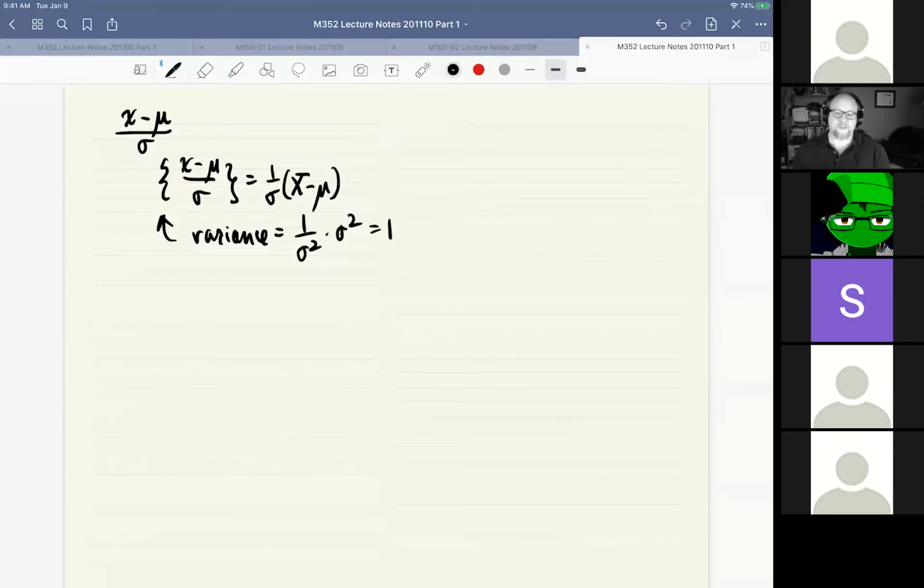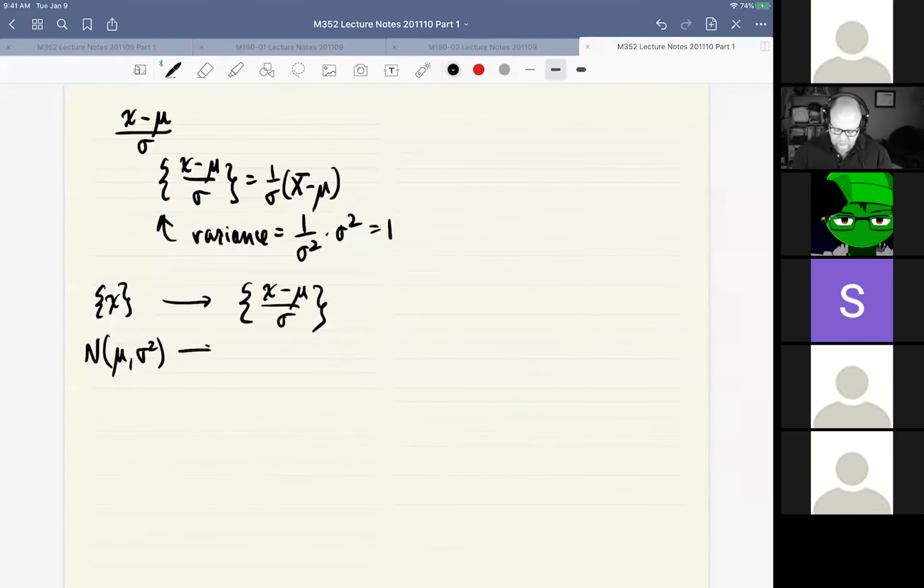So this set has variance 1. These two transformations, taking my set of x's to the set of x minus mu over sigma, transform a set of data that had mean mu and variance sigma squared to a set of data that has mean 0 and standard deviation 1.